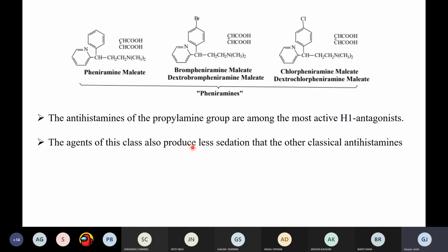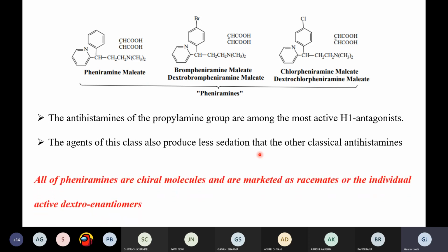For example, you might have taken pheniramine maleate. Why is it a drug of choice in comparison to cetirizine? Because it produces less sedation and has the same mechanism, that is blocking the H1 receptor, right? So this is very common, and that's why these drugs are one of the highly used classes of H1 antagonists, right?